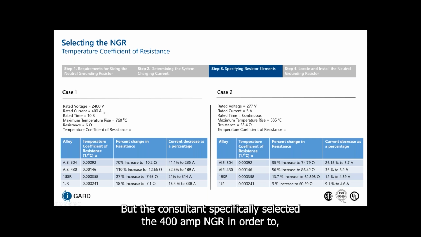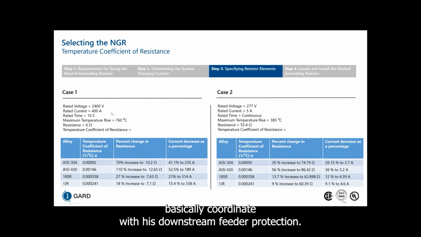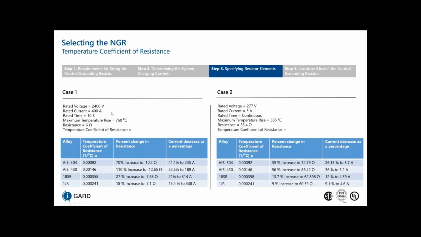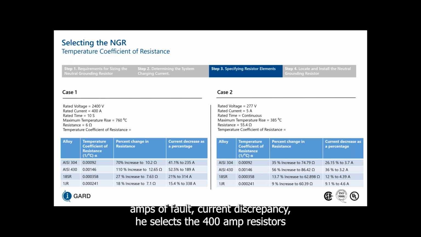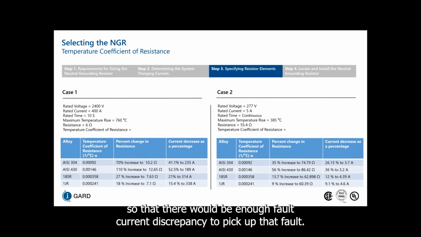But the consultant specifically selected the 400 amp NGR in order to coordinate with his downstream feeder protection. His downstream feeder protection is set to pick up on a certain level of fault current discrepancy. So for example, if he has a relay that's looking for 300 amps of fault current discrepancy, he selects the 400 amp resistor so that there would be enough fault current discrepancy to pick up that fault.